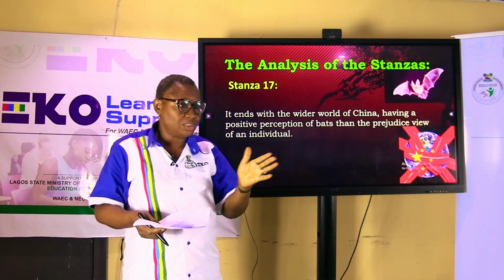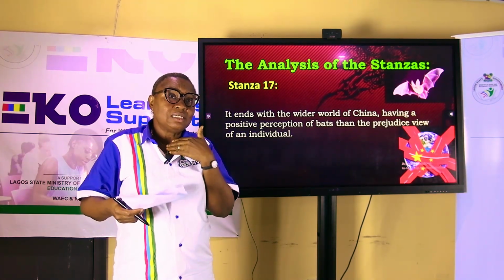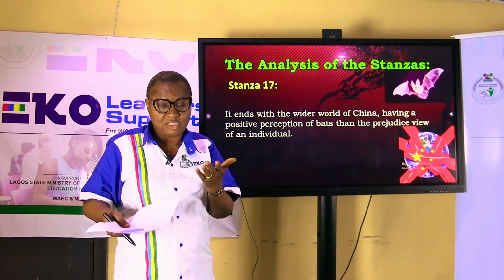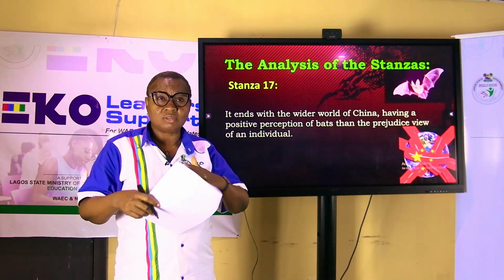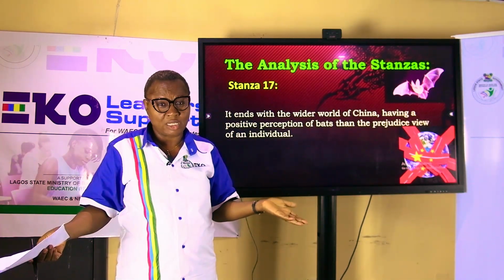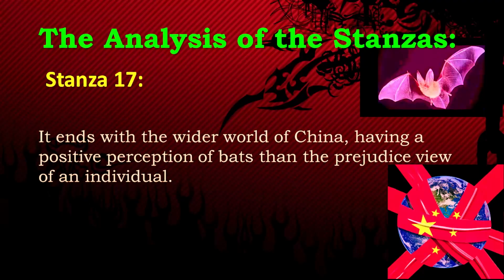It actually celebrates individualism, personal interest, personal preferences over and above the wider society. They are always subjective over the objectivity of the society. So he said it ends with a wider world of China, a whole nation of China having a positive perception of bats, against the prejudiced view of an individual.